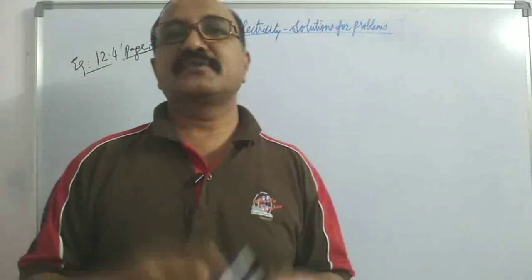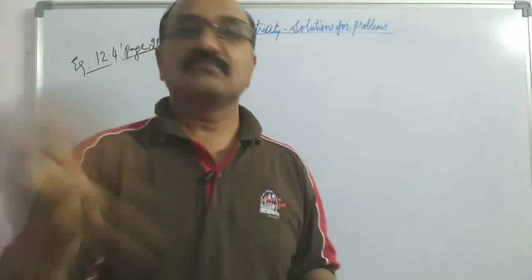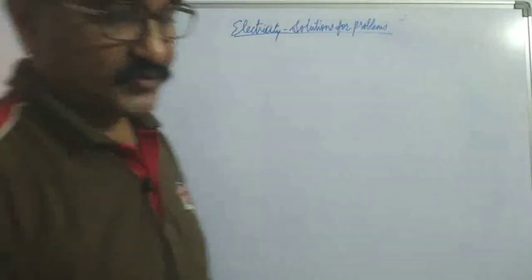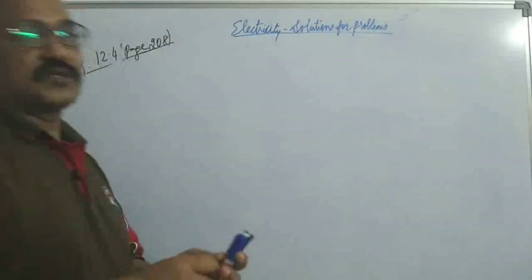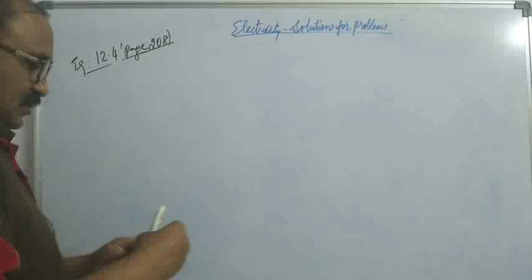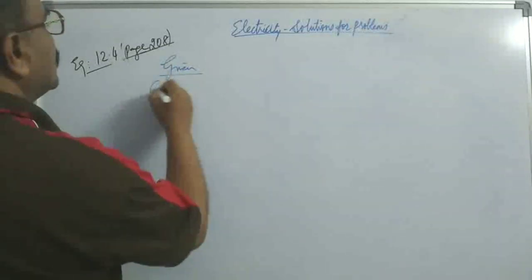When the potential difference is doubled, the current should also be doubled according to Ohm's law. That is quick thinking, but when you work the problem, we work it this way. Given condition 1 and condition 2.